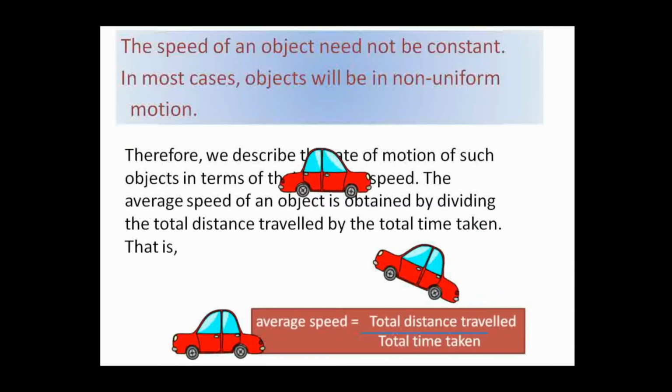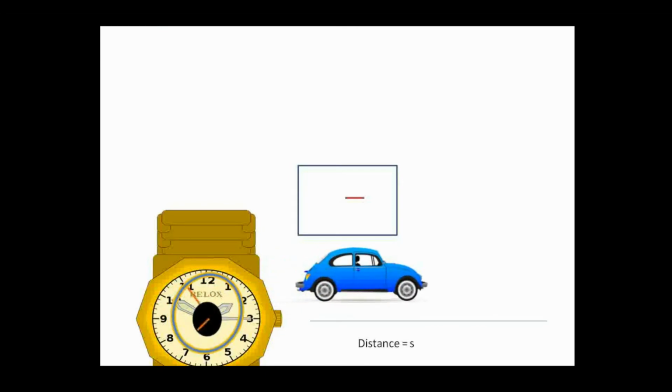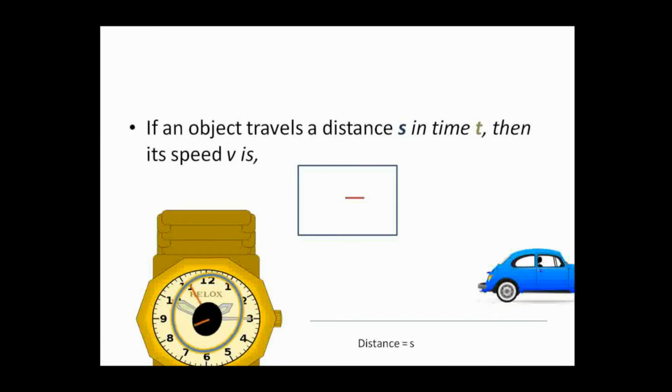The average speed of an object is obtained by dividing the total distance traveled by the total time taken. That is, average speed equals total distance traveled upon total time taken. If an object travels a distance s in time t, then its speed v is v = s/t.